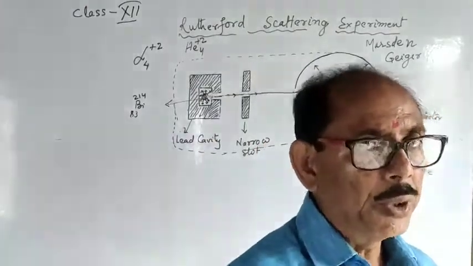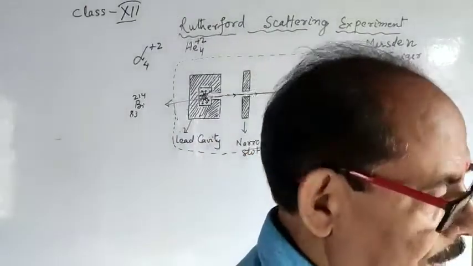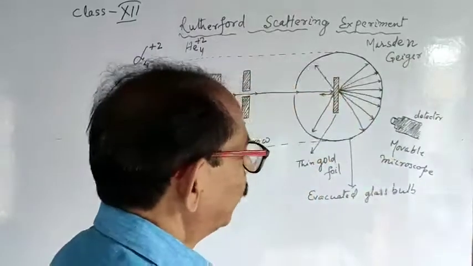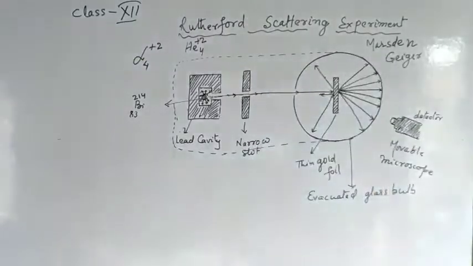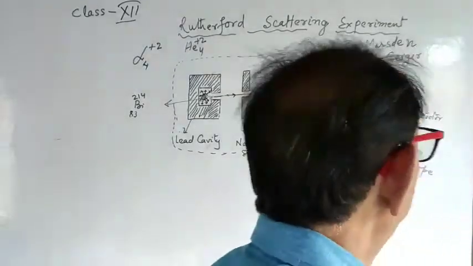Rutherford used alpha particles of nearly 5.5 mega electron volt.